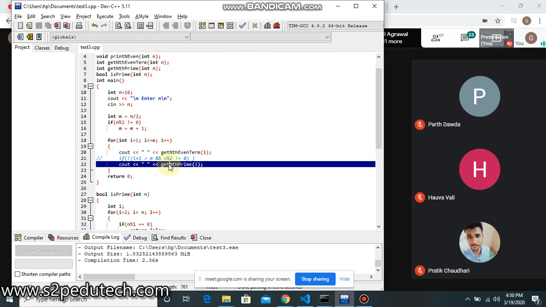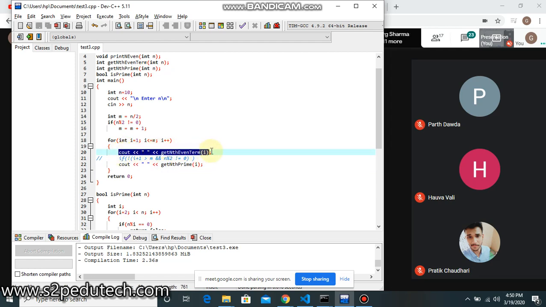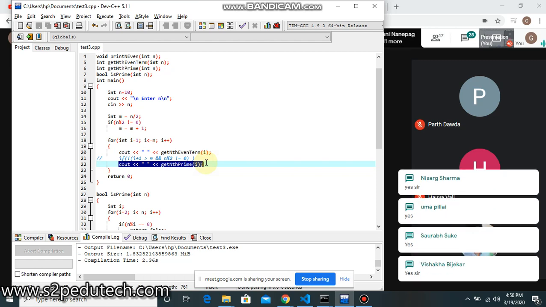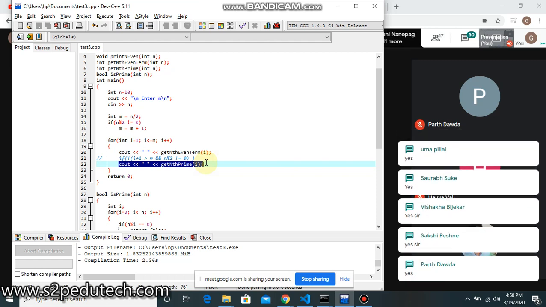But if my n is odd, then I need to print 5 terms of the even series, but I need to print 4 terms of the prime series, right? Is this thing clear? If my n is odd, I need to print, yes, correct, okay.